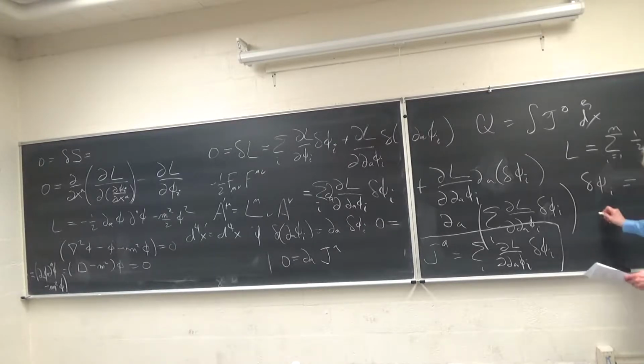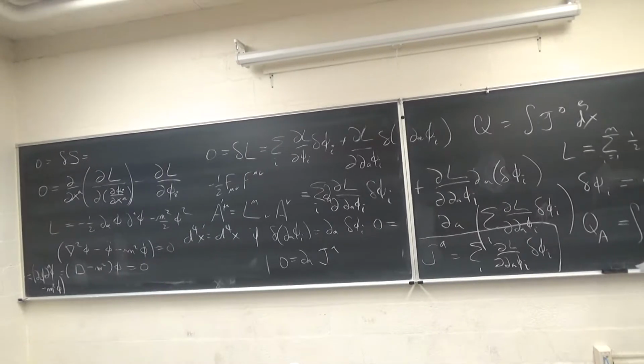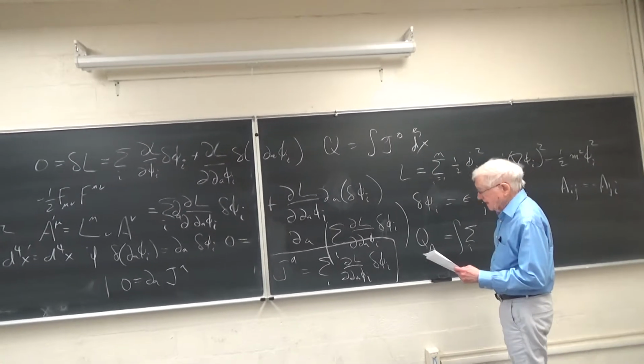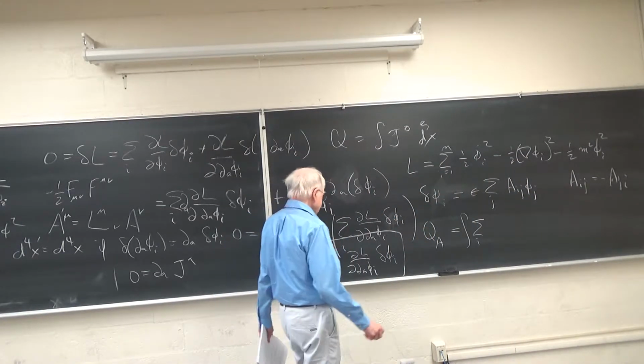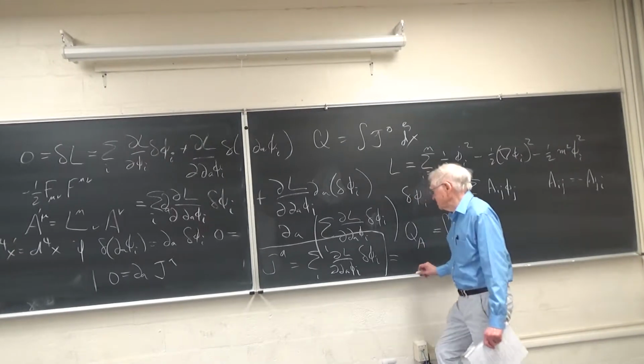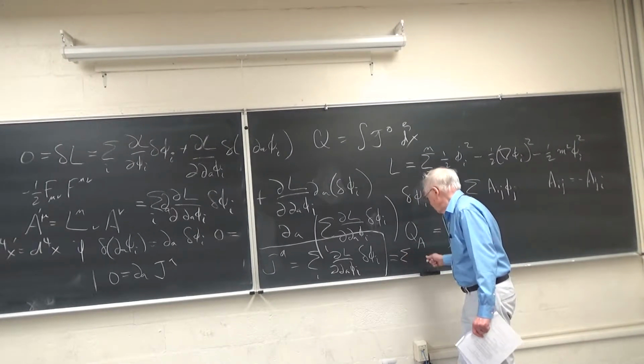And so then the charge associated with A is an integral of the sum over i, and it's the zeroth component of this. Let me write that down.